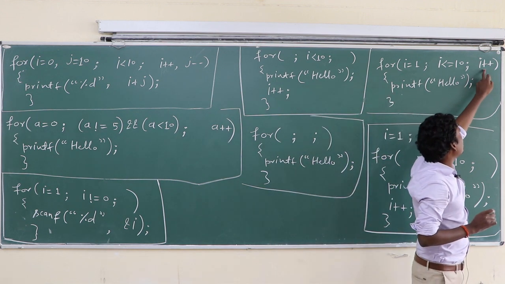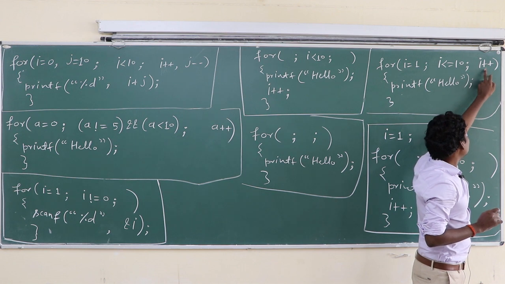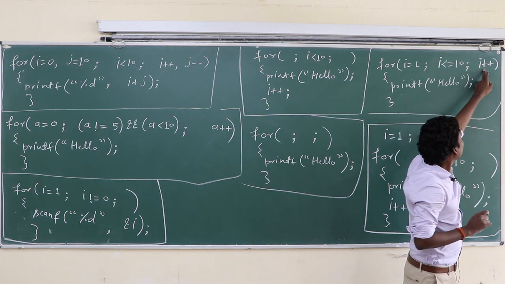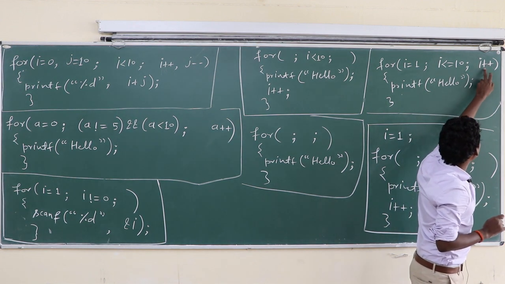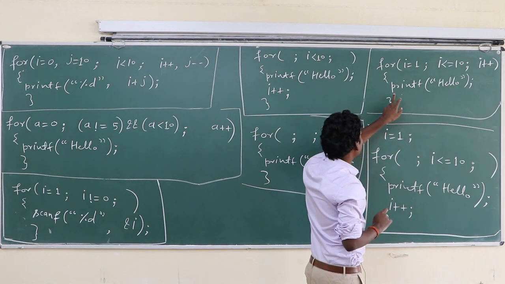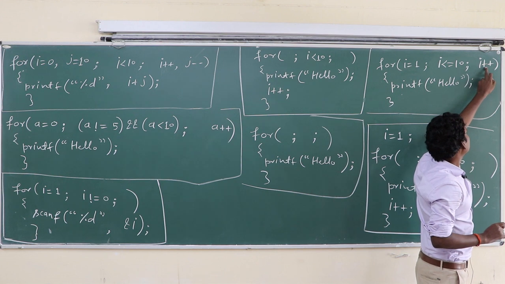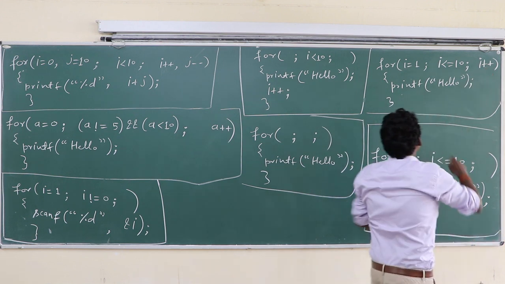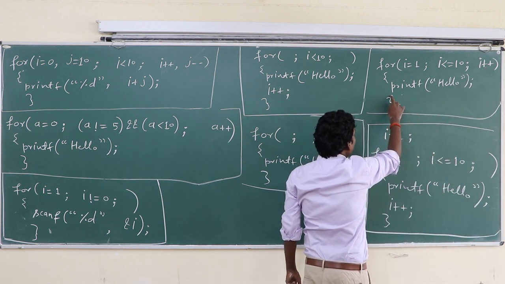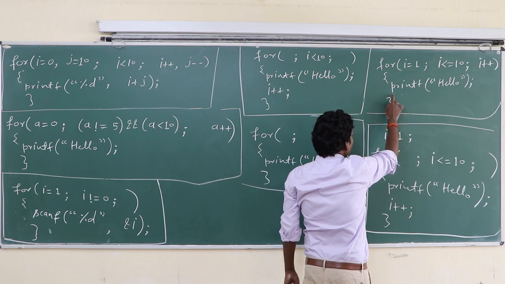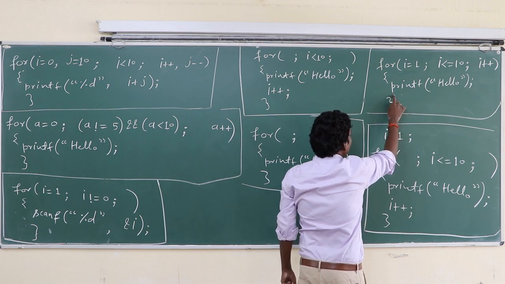Class, this is the increment or decrement. Here there may be increment or decrement. Class, this increment or decrement works at the end of the for loop. This is the last statement in the for loop. So i plus plus works here after the printf.